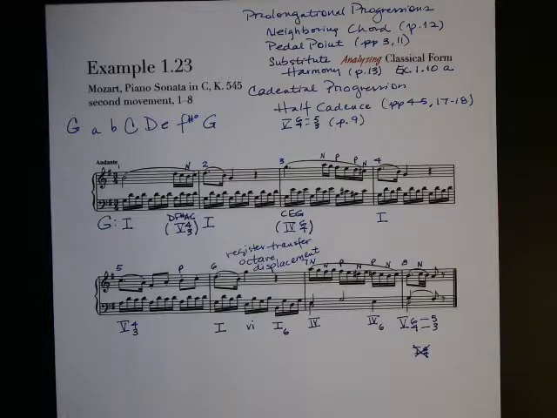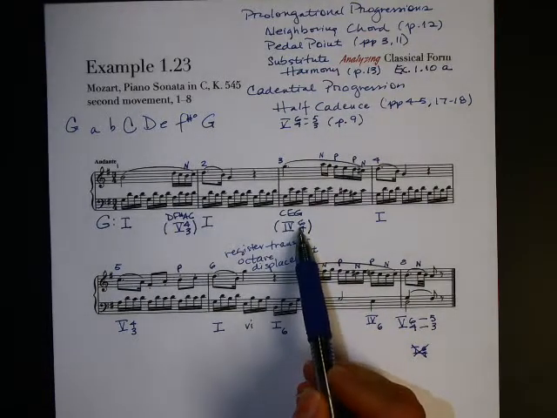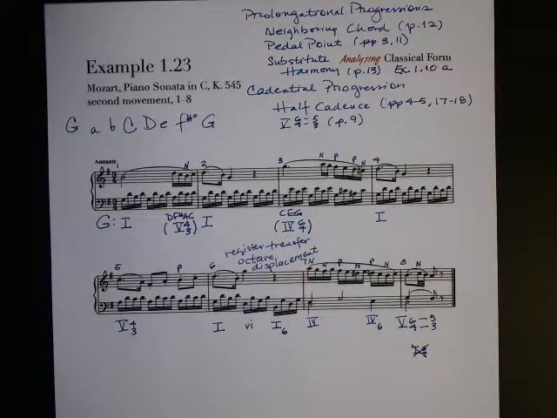It's weak to stand on your hands or to do a headstand. So rarely is a 4 6-4 going to be anything other than a weak inversion of a triad. So measures 1 through 4, tonic prolongation.